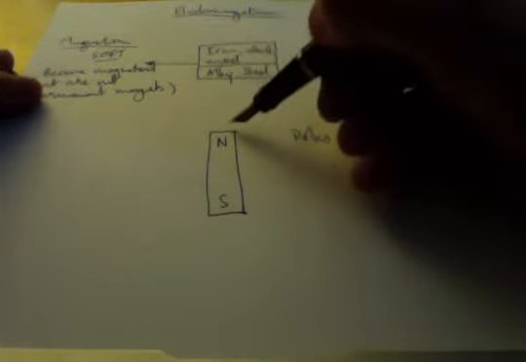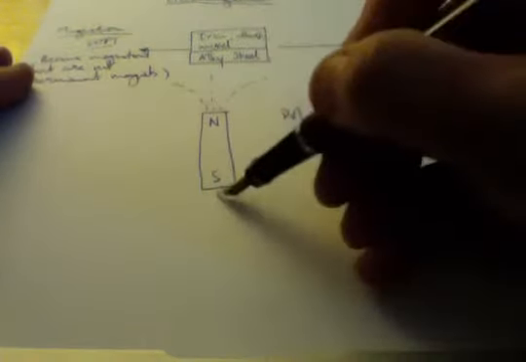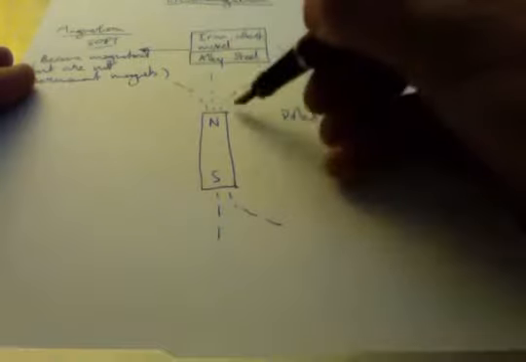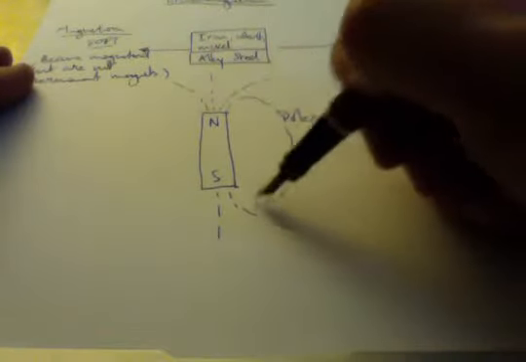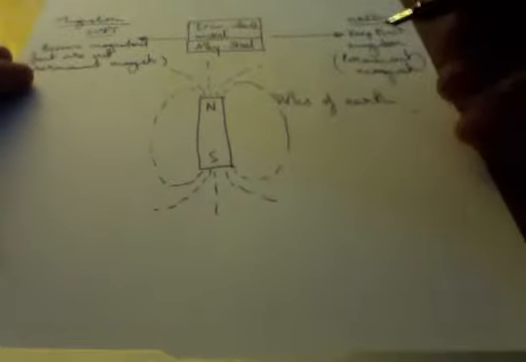And from the poles, you have these magnetic field lines, which I'm sure you've seen with iron filings that spray out from the magnet, as so. And these can be detected by either iron filings or indeed plotting compasses.